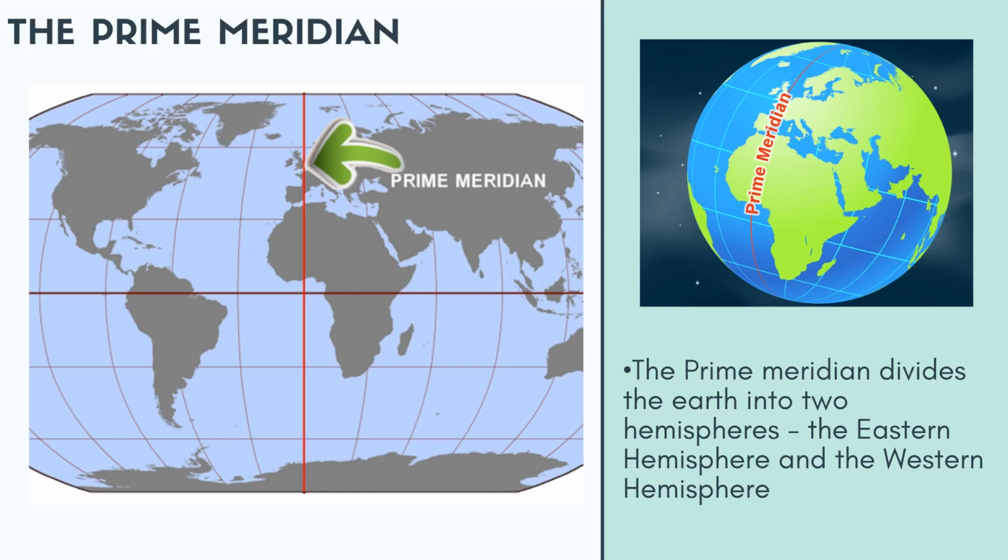Since it passes through Greenwich, it is also called the Greenwich Meridian. The time of a place is calculated with reference to the prime meridian and is called the Greenwich Mean Time.